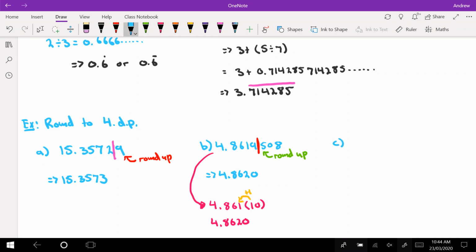Lastly, 8.17340012. Sahara, where do I draw my door? After the 4. Bree, what's behind the door? So do I round up or down?